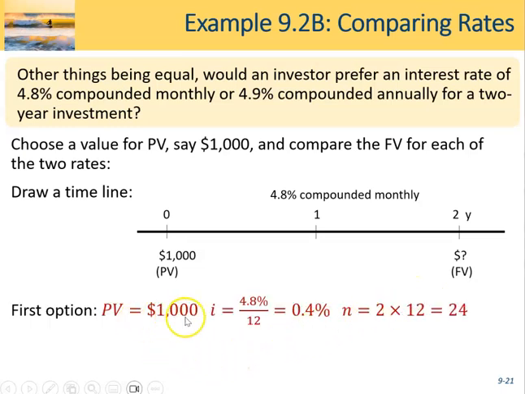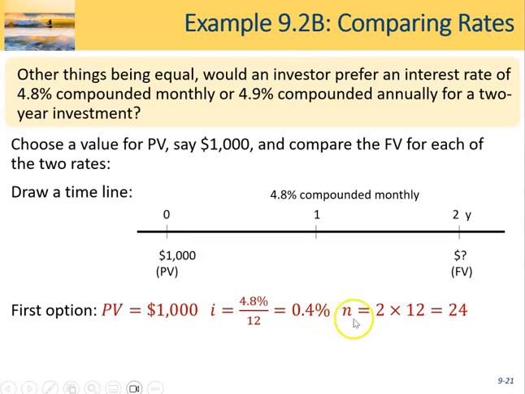So we've got our present value of 1,000. We have our periodic interest rate at 4.8% divided by 12. So therefore it's 0.4%, or in decimal form it's 0.004.